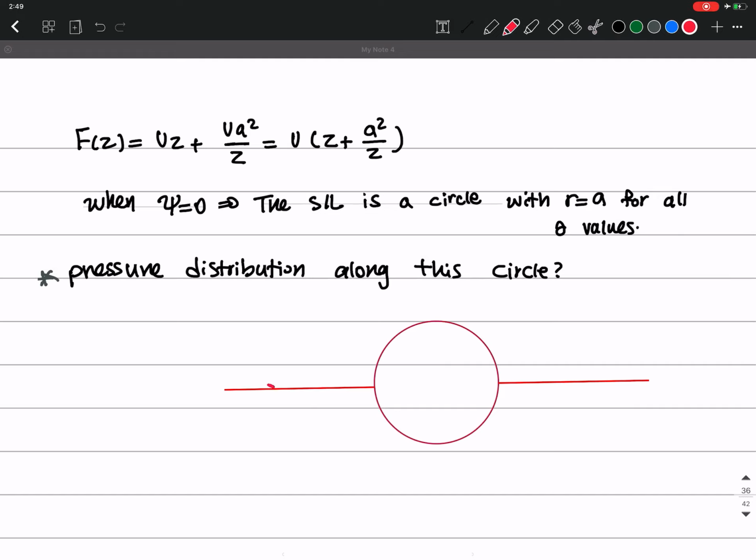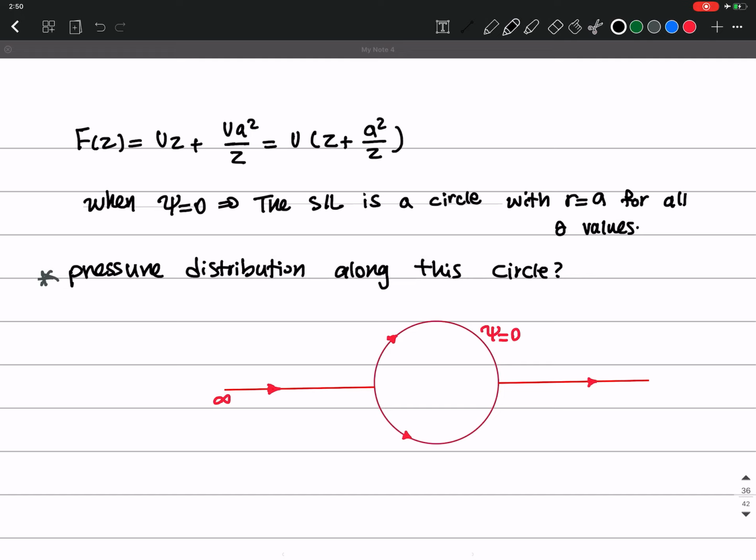So we have the velocity starting from here as a uniform flow at infinity, then reaching this circle, and going around it because of this doublet that is inside it. So this is for psi equals 0. And then after that, we are going to have this uniform flow again. Okay, so now I want to find the pressure distribution along this circle, and in general for any streamline you can use this technique.